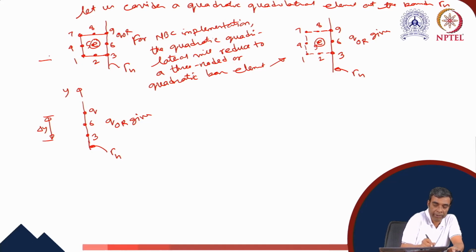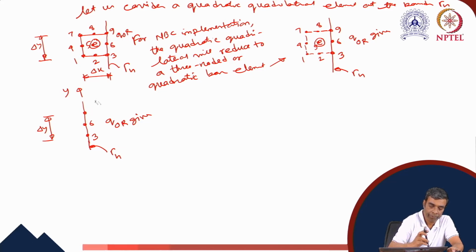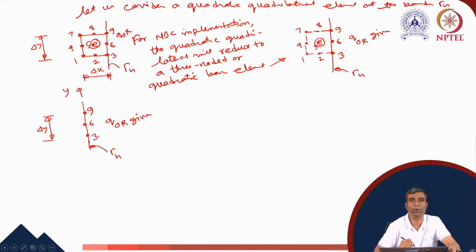Okay, so this is delta Y and this dimension is delta X. So this local node 3 is equivalent to local node 1, local node 6 is equivalent to local node 2, and local node 9 is equivalent to local node 3.